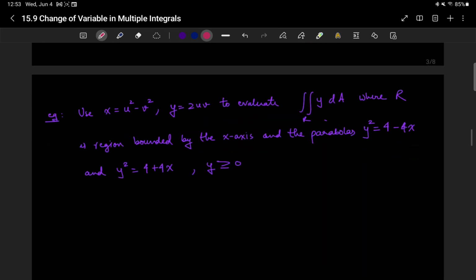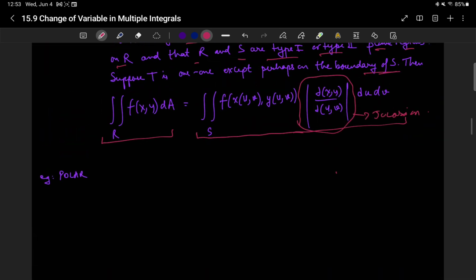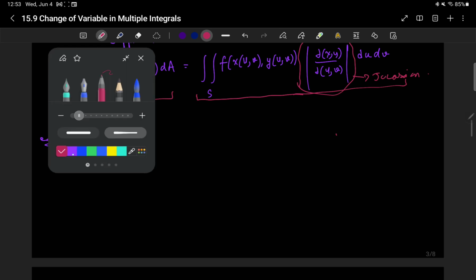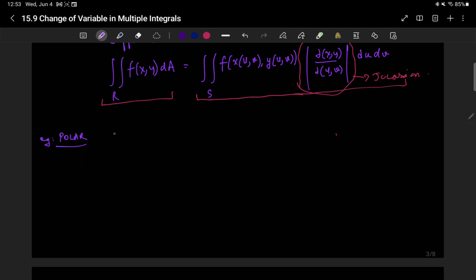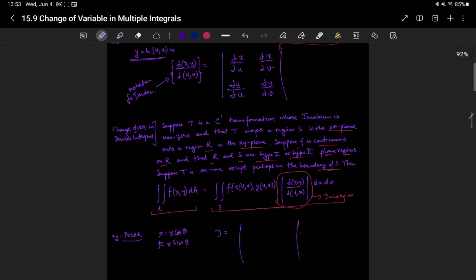And we can quickly verify this for polar, and then we will end this video and do the examples in a next video. So what was the relation in polar coordinates? In polar coordinates, we had x is r cosine theta and y is r sine theta. So what is the Jacobian here? We expect the Jacobian to be r, because that is the adjusting factor we place. So we have del x over del theta, which is negative r sine theta. Then we have del x over del r, which is cosine theta.